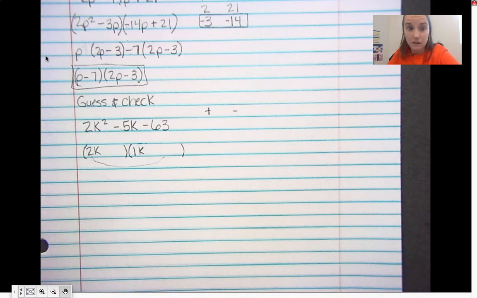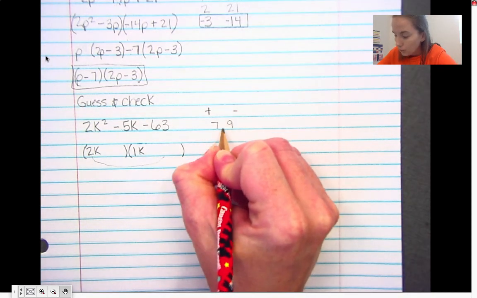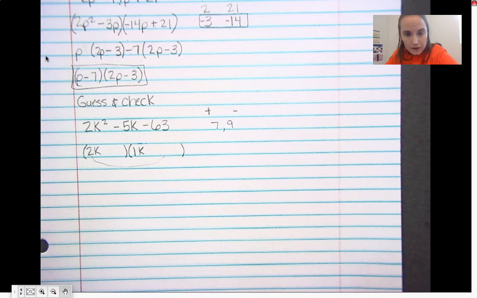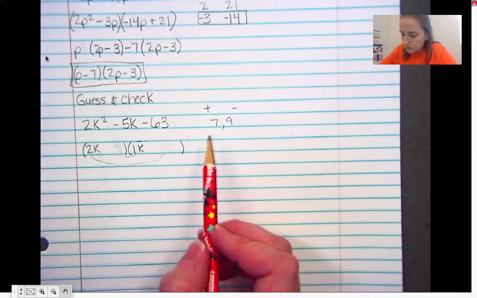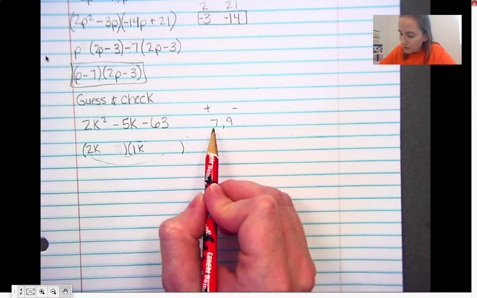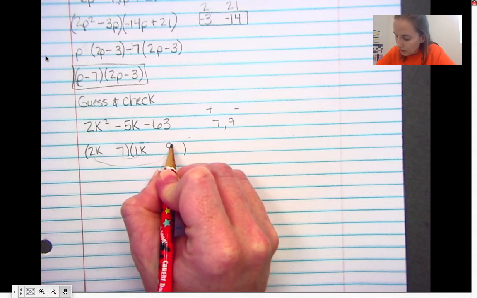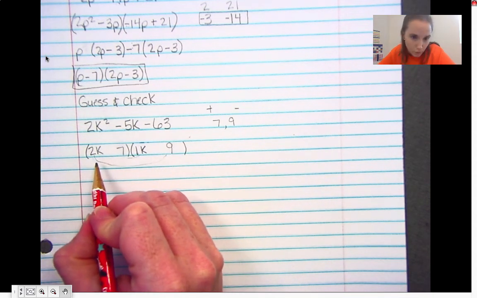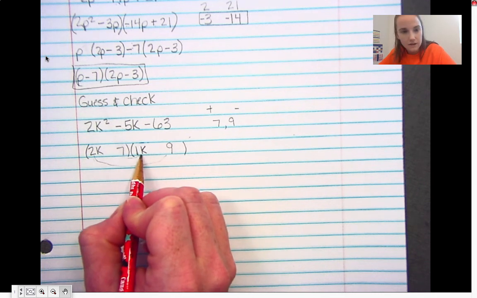So as I'm thinking, I think, oh wait, 7 and 9. So 7 and 9 will give me 63. Now you play around with these values in your head to see how you can create a negative 5. So you have to remember, when you choose your 2 values, if I put the 7 here and the 9 here, when I FOIL this back out I am going to generate an 18 and a 7.